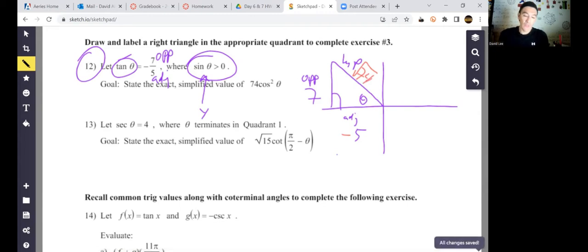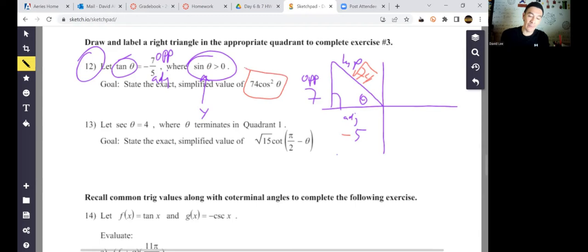Okay? So that's the point of them telling you sine is positive, to narrow down which quadrant to go to, along with the fact that tangent is negative. So now what's the goal? The goal is here in red. We want 74 times cosine squared. So why don't we do that down here? So I have 74 times.